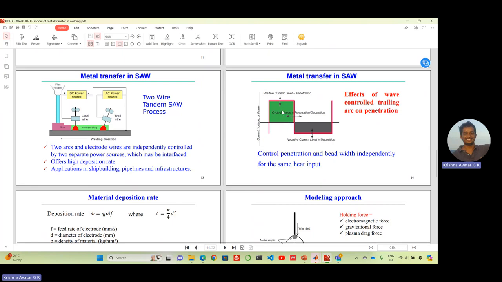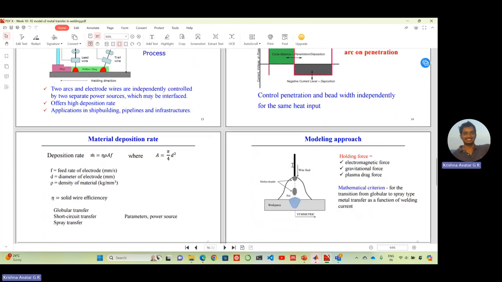So the balance will be decided based on the area which this rectangular curve makes with the time axis. If the integration of the green region is higher than that of the dark gray region, it implies that the cycle is in favor of penetration. So we can control penetration and bead width independently for the same heat input.